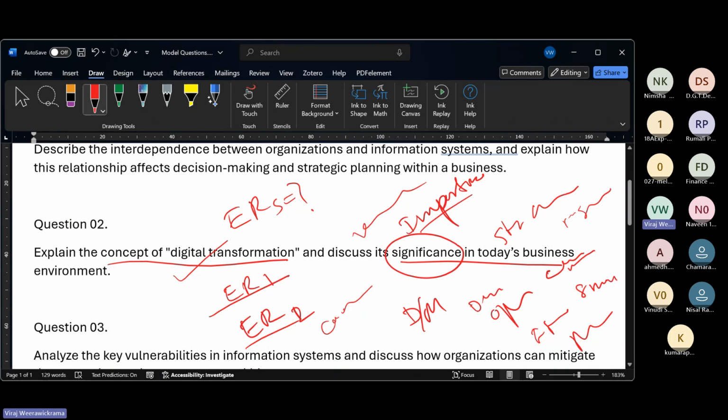We call it competitive advantage because you can earn something more than your rivals. That's what you have to justify. That's how you have to plan your answer, by including those points. Be ready for such questions as well. Please prepare your notes and answers for these questions today itself.